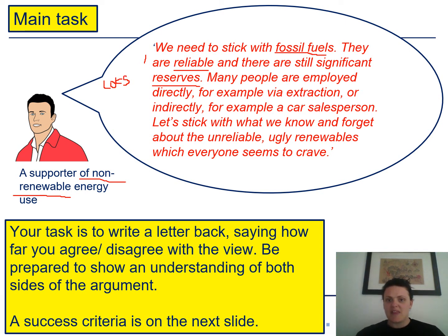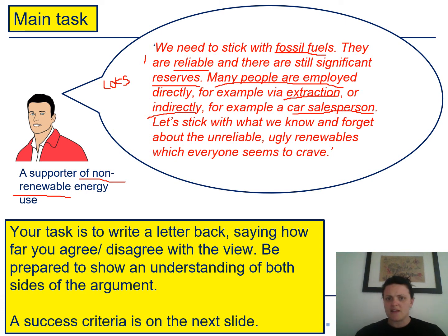Okay, then he says, many people are employed directly via extraction. That means people are employed to dig it out of the ground if it's coal, or get it out if it's gas. Or indirectly as a car salesperson. Now what do you think he means by that?